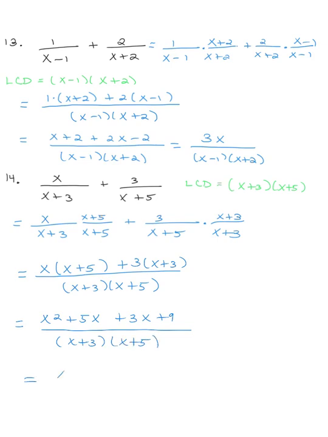Or finally, my final answer of x squared plus 8x plus 9, all divided by x plus 3 times x plus 5. Potentially, there could be a common factor between the numerator and the denominator, but there would not be one in common, so this is my final answer.